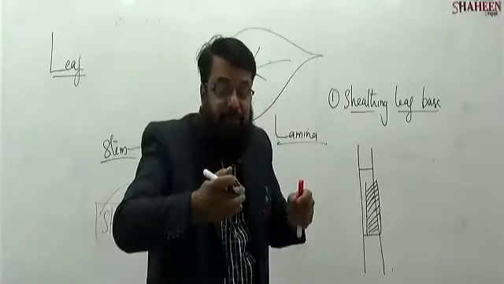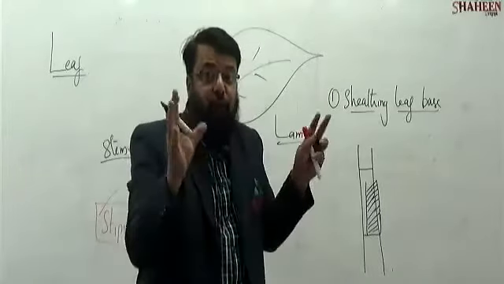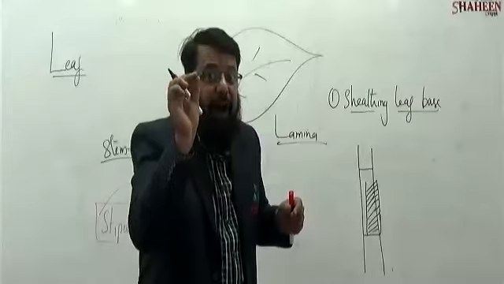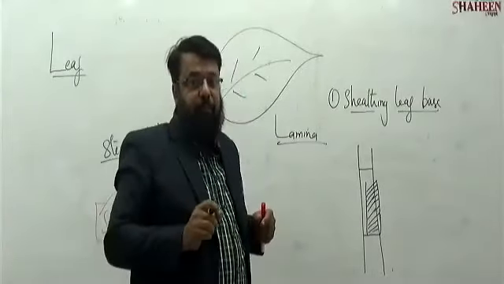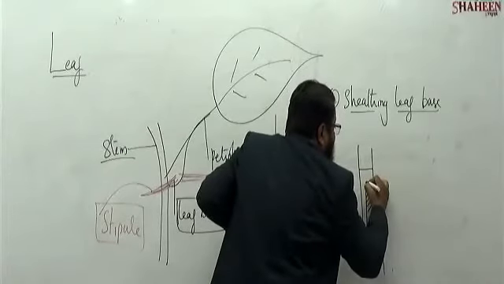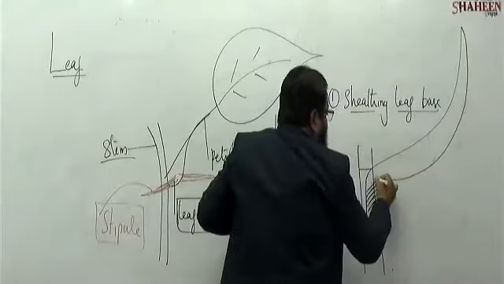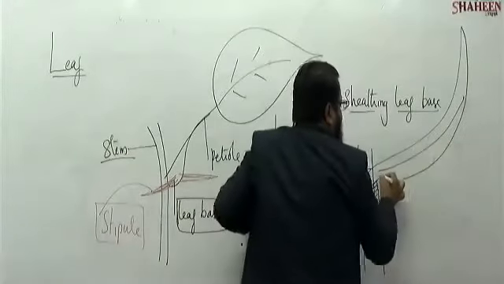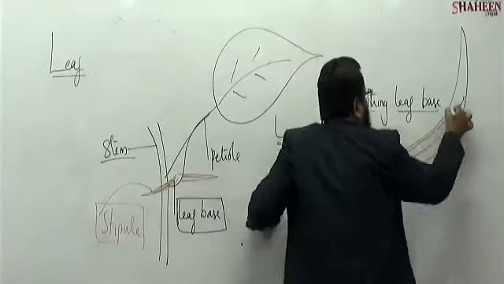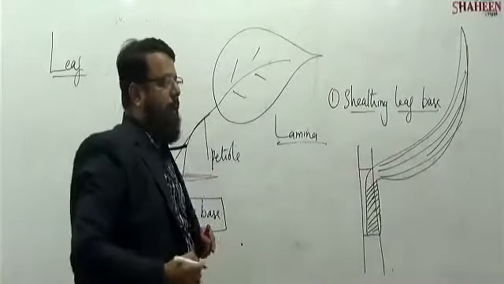And that leaf base is in the form of a sheet. It is in the form of a sheath. And the leaf lamina will arise at the tip of this sheathing leaf base. Usually monocots, even grasses, show this type of leaf base.